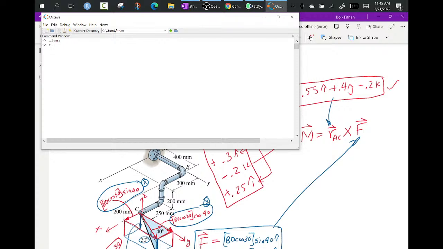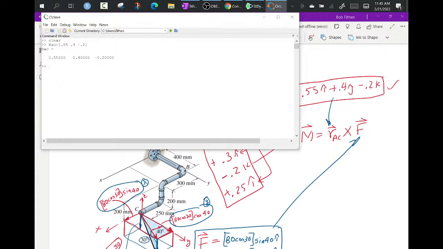I called it AC. R_AC equal to, put a vector there: 0.55, 0.4, and minus 0.2. So I think I typed that in correctly. I hope I typed it in there okay.